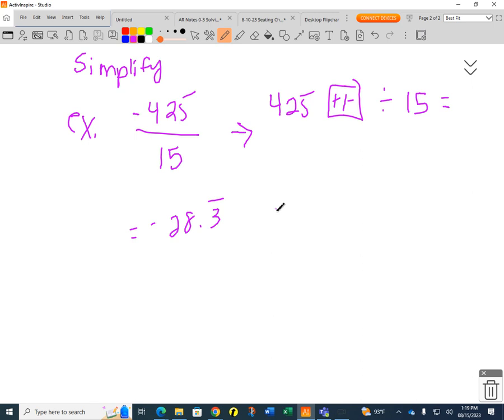Okay. All right, so now we have a new button. So we've got negative 28.3, so we're going to turn it back into a fraction. You're writing what I'm writing.